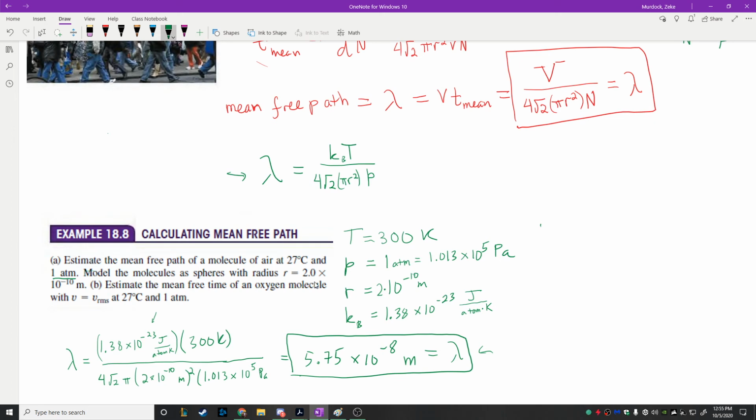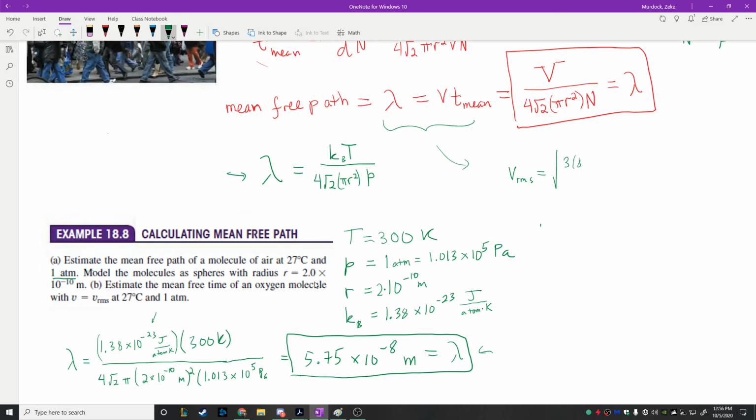And then part B says to estimate the mean free time. Well, we can do that just from here. But we have to find Vrms first, right? So Vrms of a molecule is going to be the square root of 3 times RT over molar mass.